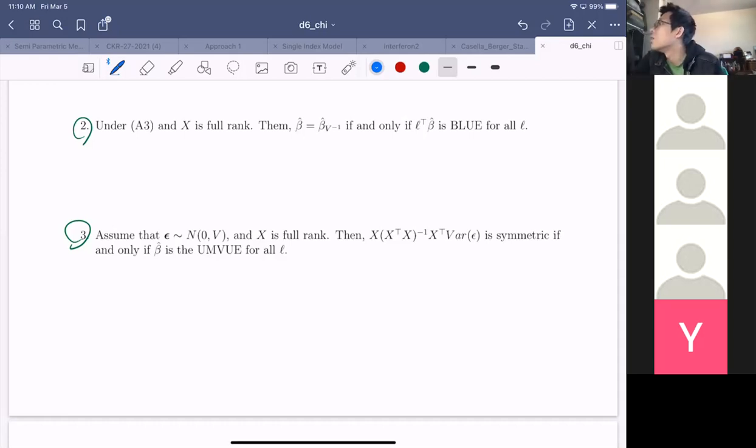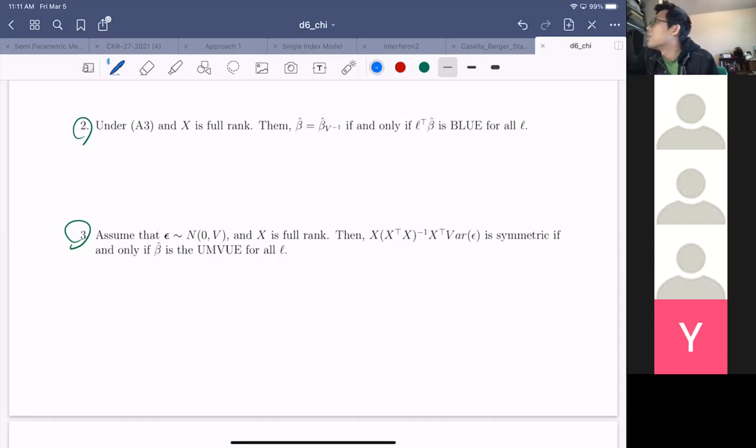Yes, that's right. I'm thinking, is that the case? I guess it is BLUE, so this means it's BLUE because it's the smallest possible covariance matrix in some sense. I am not sure.